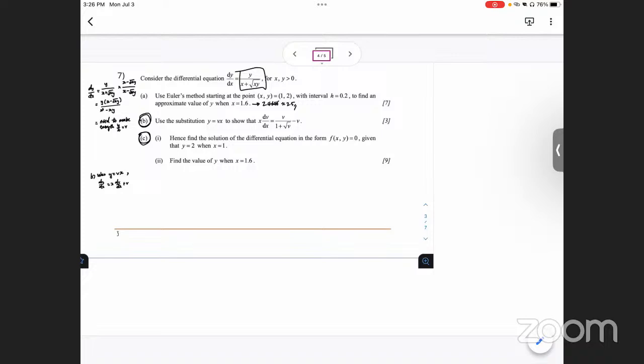Given, okay, so let's say the substitution you cannot write. Okay, I'll do the next one first. For example, part C. After you get this, what do you need to do?